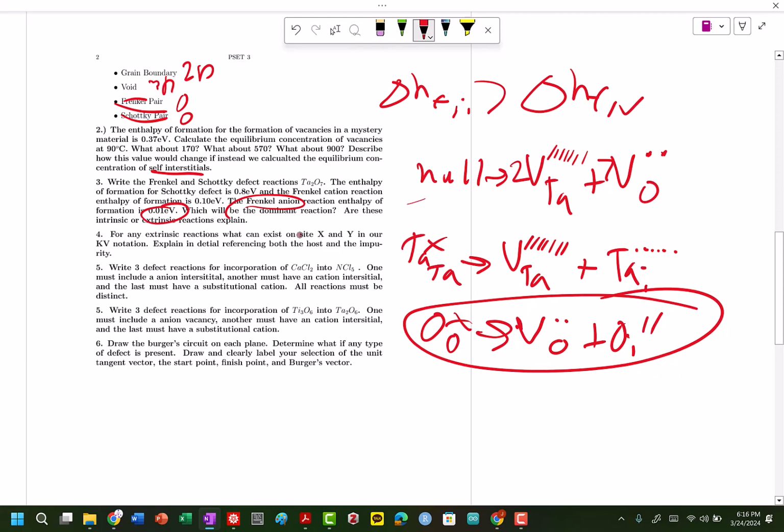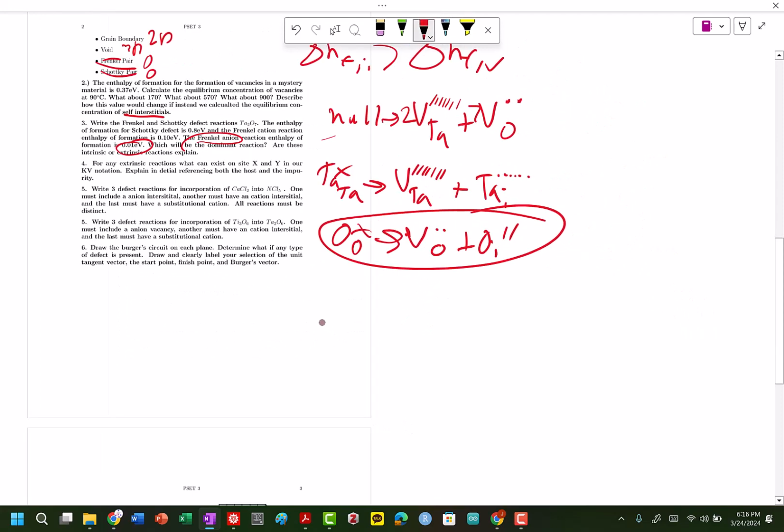All right. For any extrinsic reaction, what can exist on sites X and Y in our Kröger-Vink notation? For an extrinsic reaction, I have my impurity going into my host, and then I have a reaction. On my X site, what can I have?